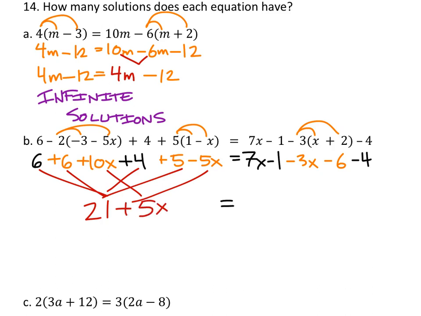Now let's compare this to the right side, which I've got 7x's minus 3x's, which is 4x. And then also negative 1 minus 6 minus 4, which is negative 11. There's no need to continue on this one, because I have a different number of x's on the left than I do on the right, which means if I continued, I would not get 0x. So this one automatically has one solution.